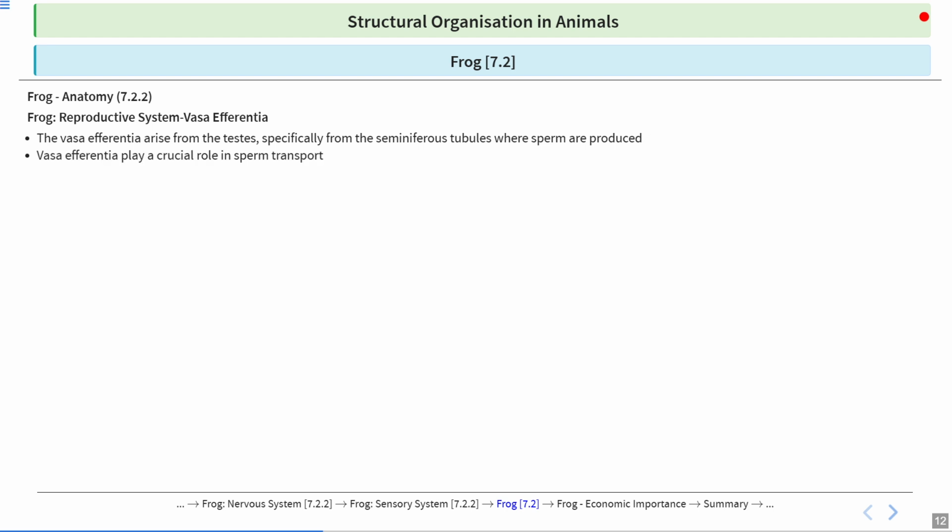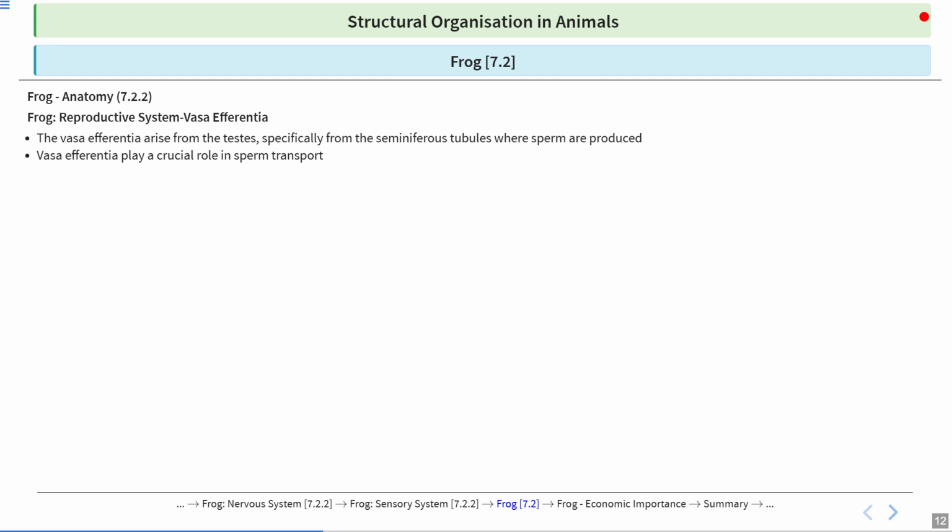Vas efferentia play a crucial role in sperm transport. So vas efferentia is present as a connection between the testes and the kidney. Once sperms are produced in the seminiferous tubule, they are brought to the vas efferentia, and from the vas efferentia, they pass to the Bidder's canal, right?